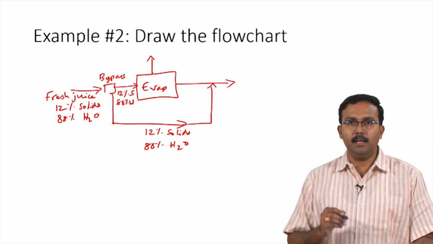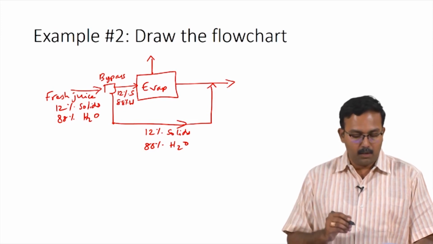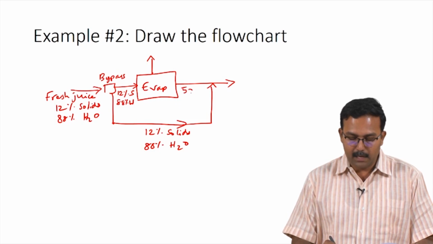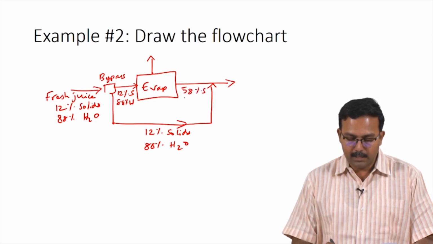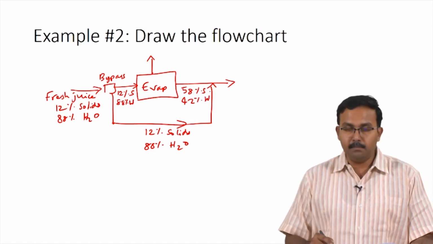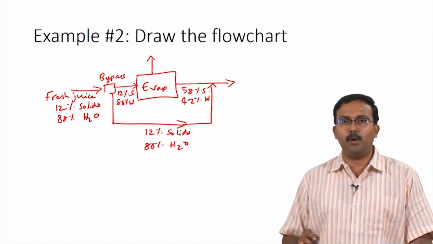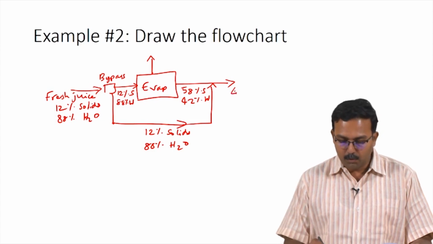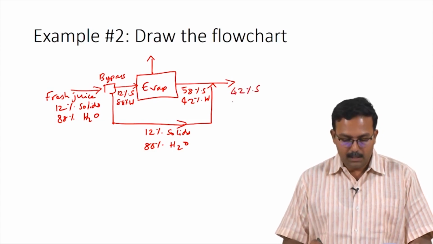It has been told that the concentrated juice leaving the evaporator would contain 58% solids and the rest would be water. So, let us call it 42% water and 58% solids. This is being mixed so that you get the final product which is the desired concentration of the solids. That would be 42% solids and the rest 58% would be water.